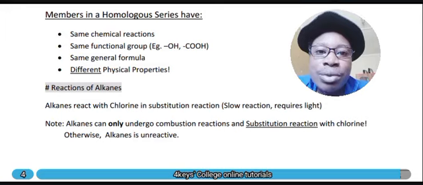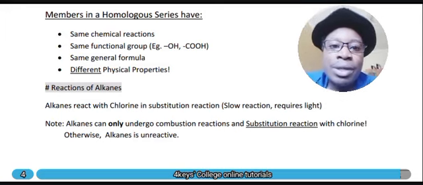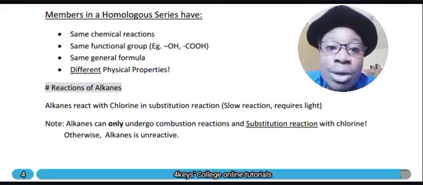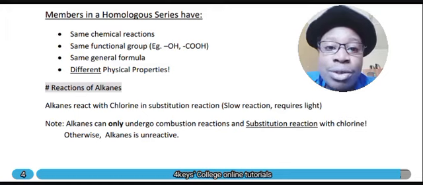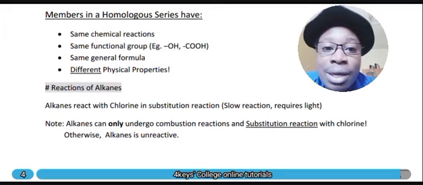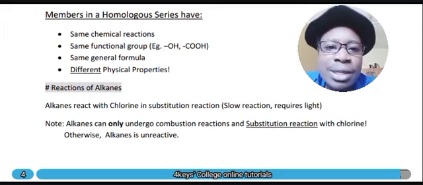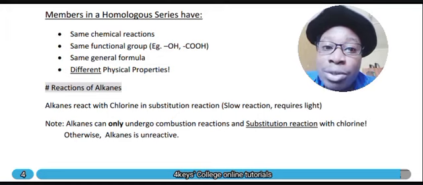To summarize here, we need to understand that alkanes are referred to as a homologous series, and we're going to look at other homologous series groups later on. A homologous series group is going to have molecules with the same chemical reactions, same functional group. The functional group for alkanes here is our single bonds, carbon to hydrogen, carbon to carbon bonds. You're going to realize that in other textbooks they say alkanes do not really have a functional group, but just know that those single bonds are what we refer to as the functional group.